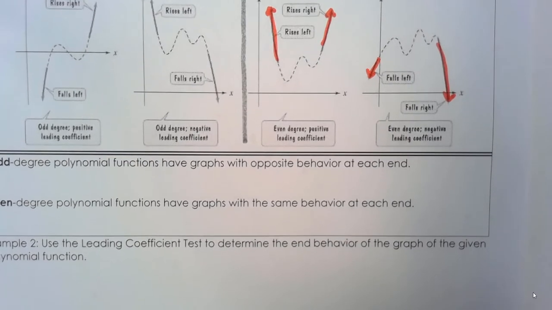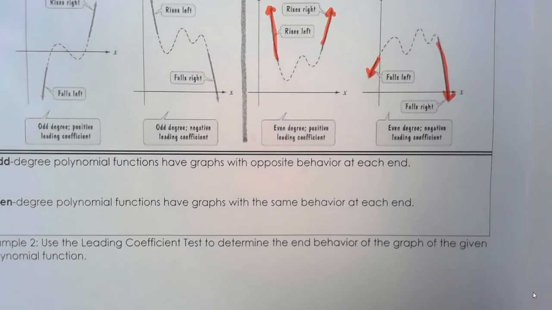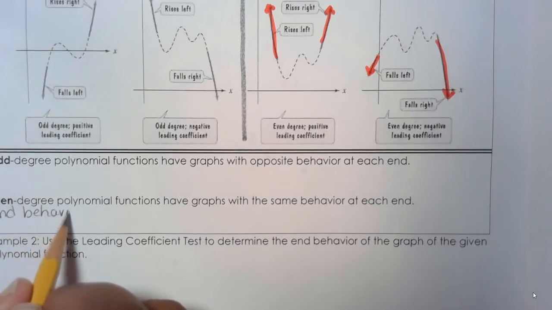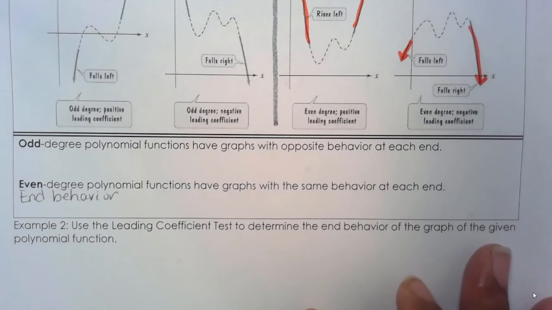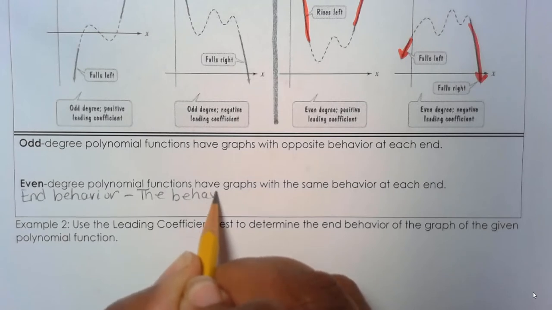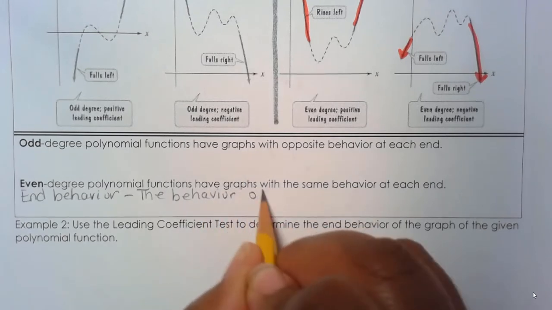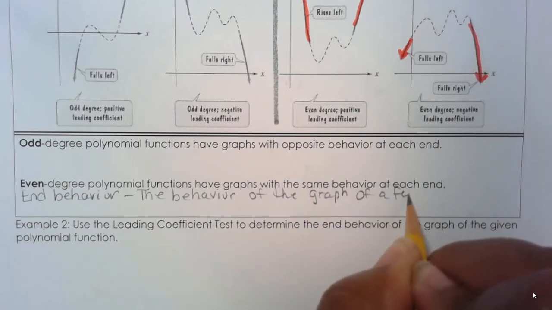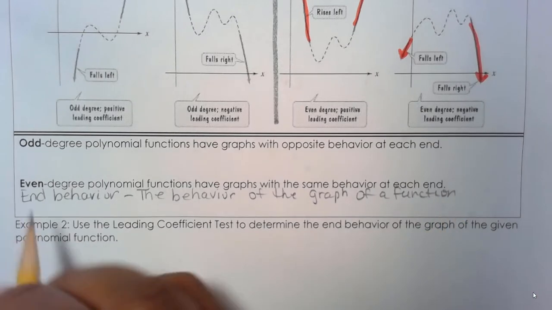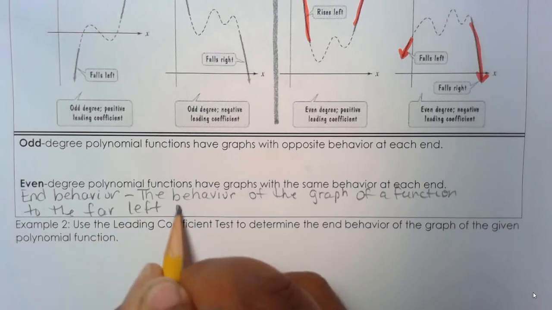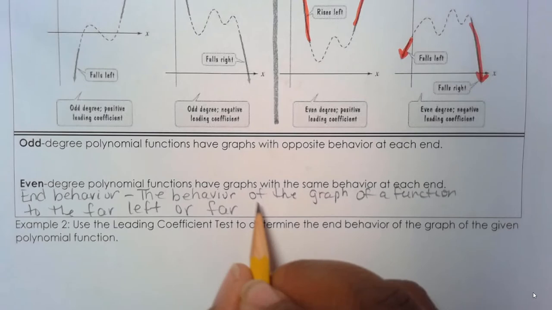So the end behavior, just for definition's sake, our end behavior is the behavior of the graph of a function to the far left or far right.